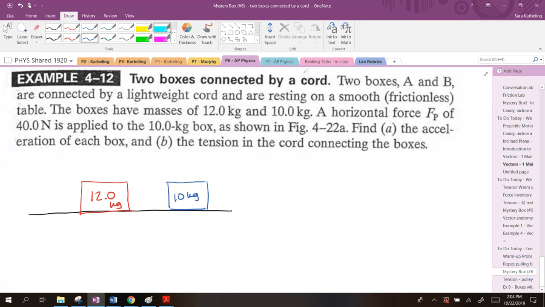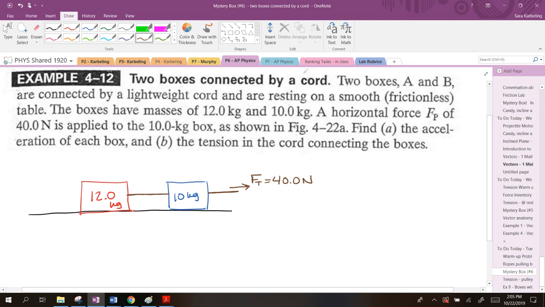They're connected by a little cord, and they're pulled on by a force of 40 newtons. It says to find the acceleration of each box and the tension in the cord connecting the boxes.